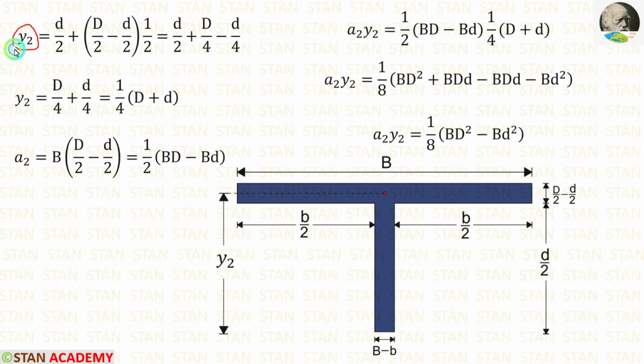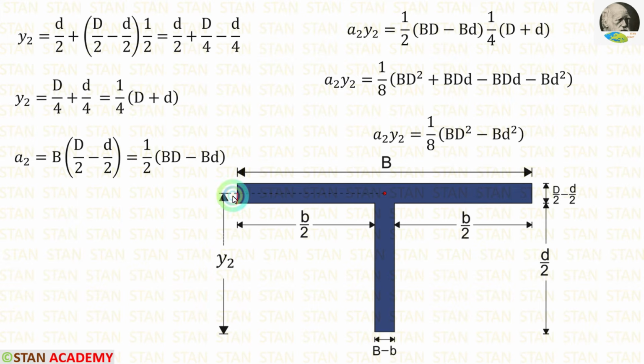Now let us calculate Y2. We have to calculate Y2 from the flange. The flange is the rectangle, so the centroid lies in the center. To get the center, we have to multiply this value with 1 by 2. Now we have to calculate Y2, the distance between the centroid and the equal area axis.